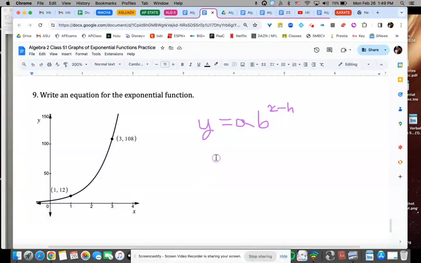Is there a way I can figure things out? We're going to try and give you easy enough ones that you might be able to just figure them out by logically thinking it through. And this is one of those, but I'll show you the other way as well.